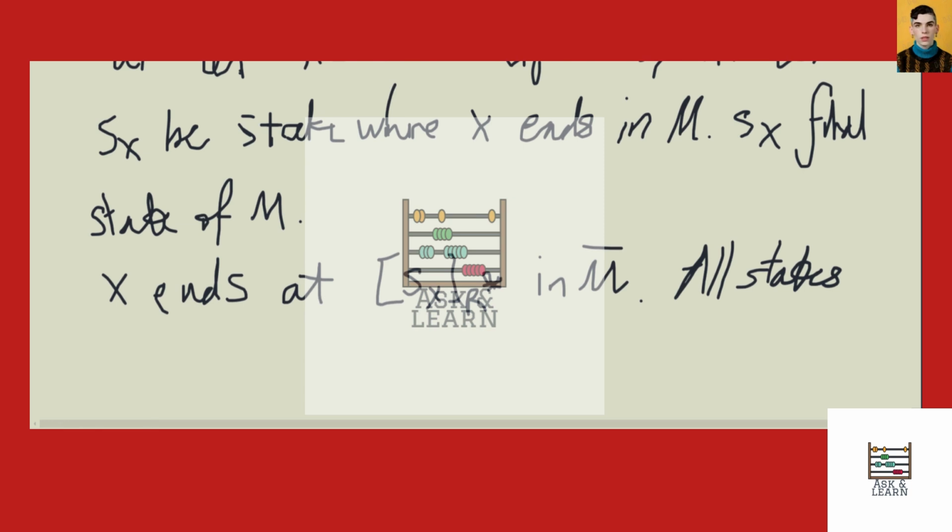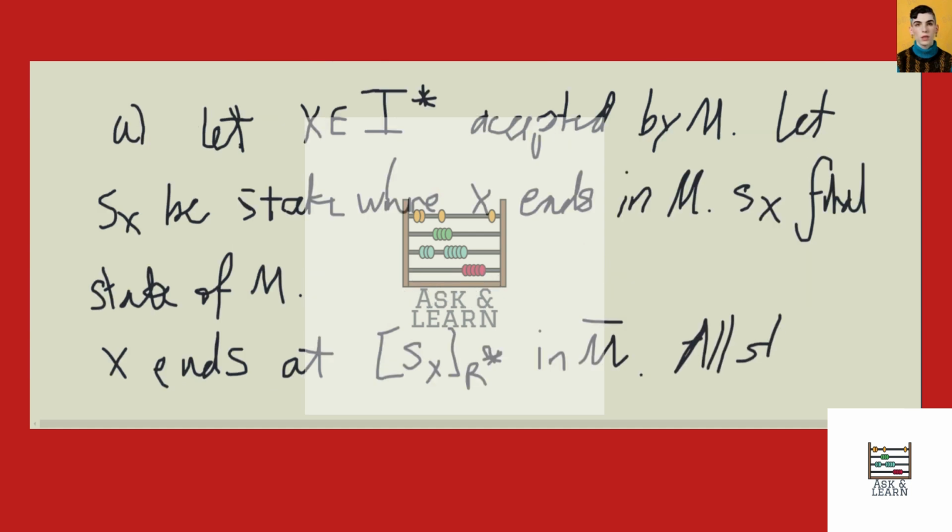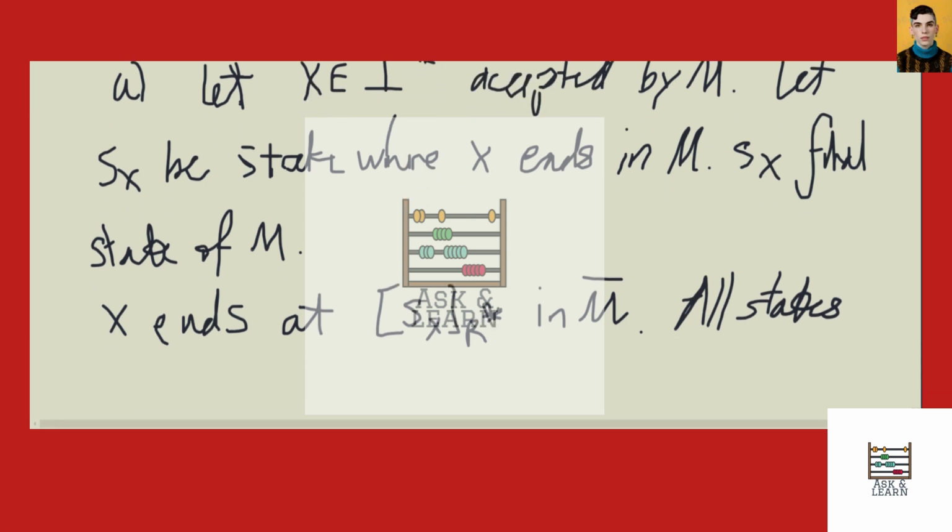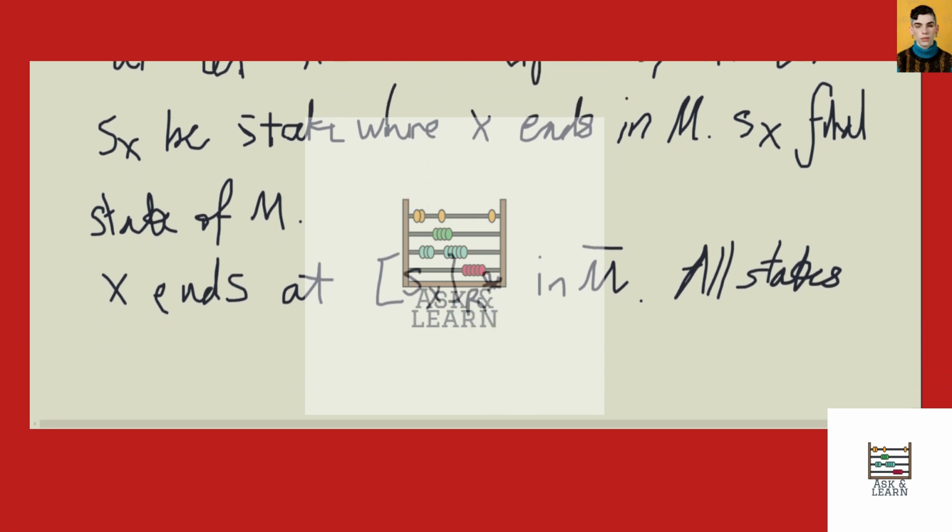And we have that the R star equivalence class of Sx is a final state, since all states in the R star equivalence class of Sx are final states. Now, this is because Sx, which is in the equivalence class of R star containing X, is a final state, so it follows all the other states in R star of Sx, by previous problem, are all final or all non-final states.